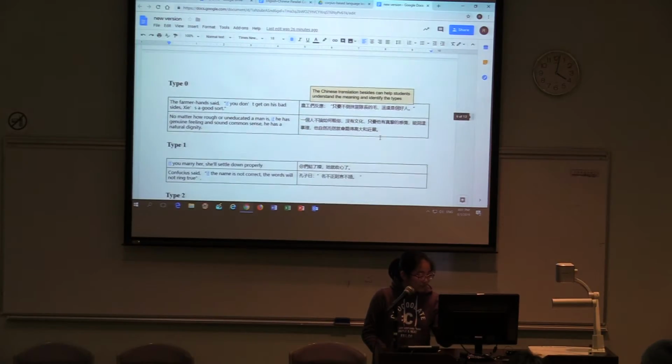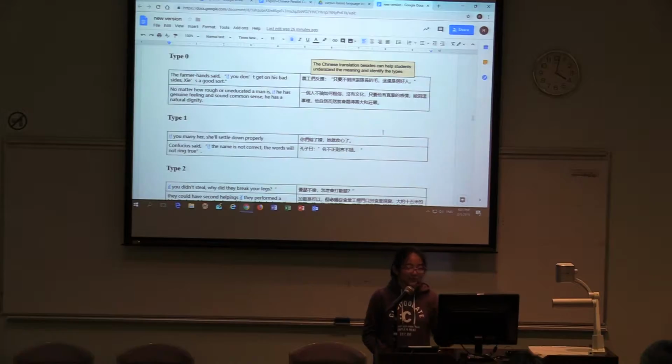After they finish the task, we will share the answers with students. And students can also see the Chinese translation during their task, because the Chinese translation can help students to understand the meaning and maybe help them to identify the types.